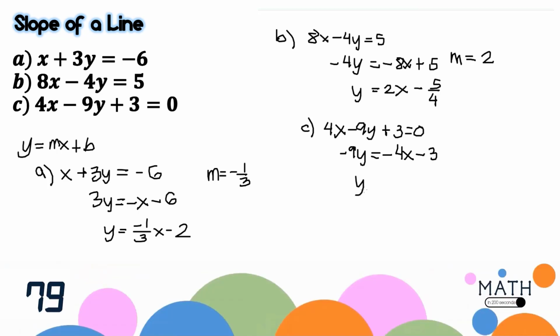Dividing both sides by negative 9, your equation would be y is equal to positive 4/9 of x, and then minus, or become positive, 1/3. 3 over 9 is 1/3. So the slope for our third equation is a fraction, which is 4/9.